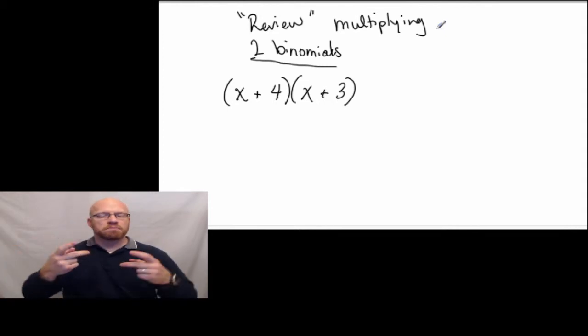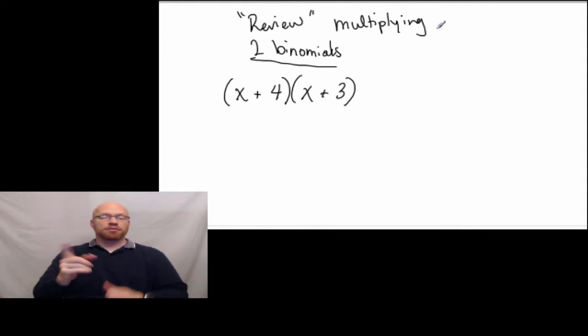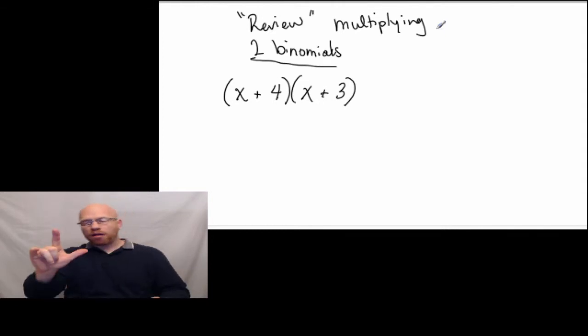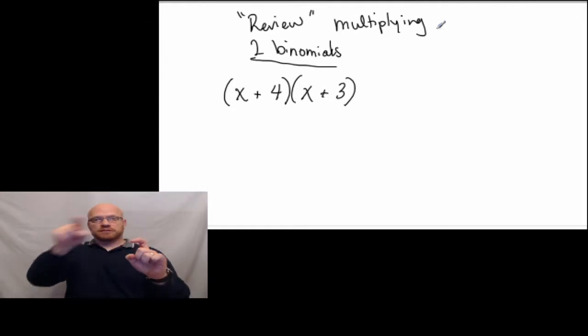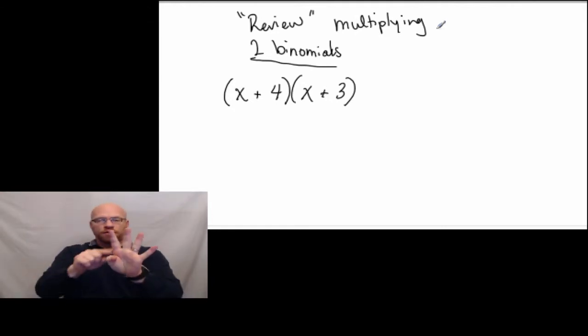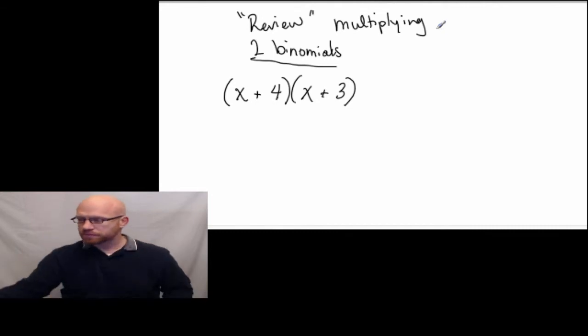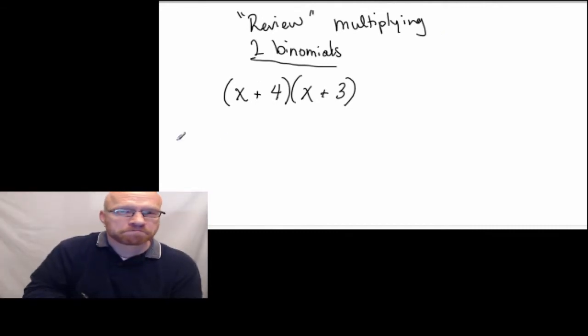As we multiply our binomials, first thing we'll do is distribute. We've used the word before, FOIL, F-O-I-L. Basically, the principle is distributing one binomial over the other. So we multiply x across the second binomial and then 4 across the second binomial.